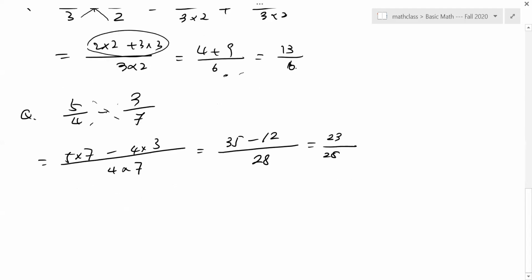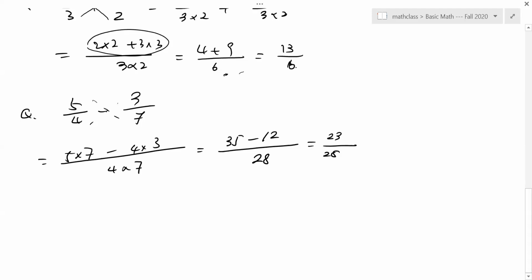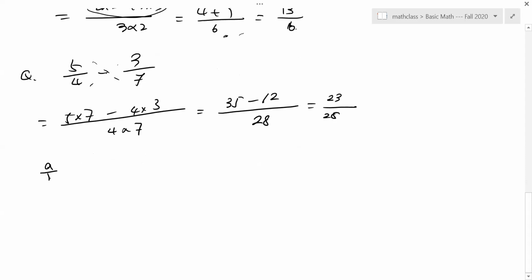Now, why is the numerator just the cross product? Well, after we get a common denominator and add them together, you get this. So you can use a more abstract formula. Let me show you, okay? So if we have an addition, A over B plus C over D. Now A, B, C, D represent some numbers, but I'm not going to specify them, okay?